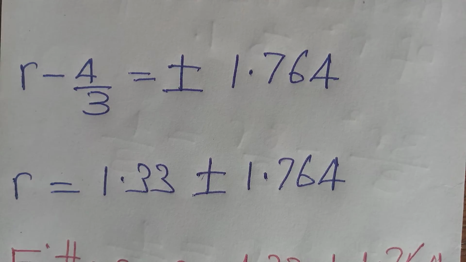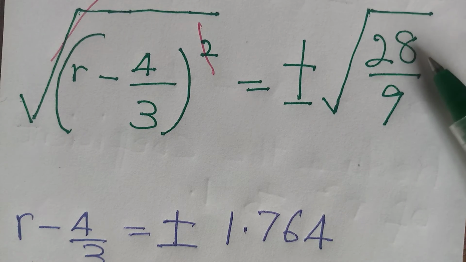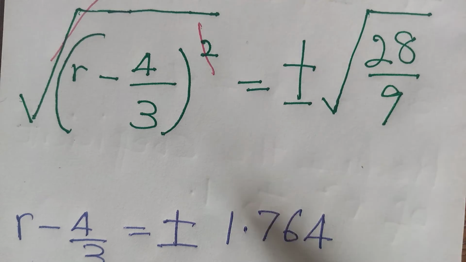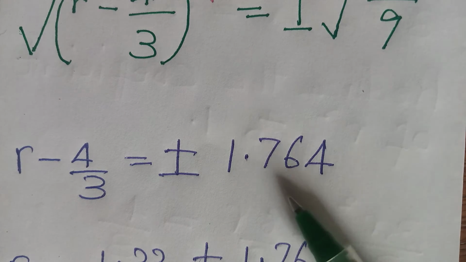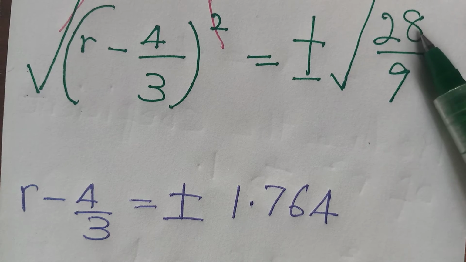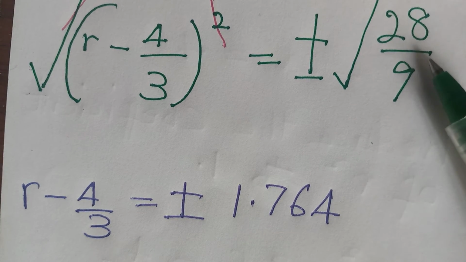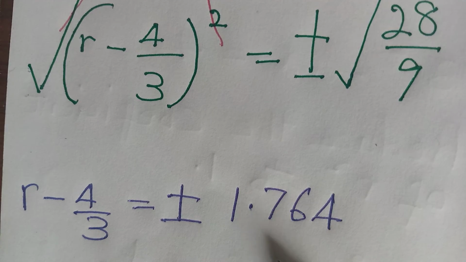Now, the square root of 28 over 9, to simplify it, take the square root, then you will have 1.764. Of course, 28 is not a perfect square, so you have to use a calculator to simplify, and when you do that, you will have this.